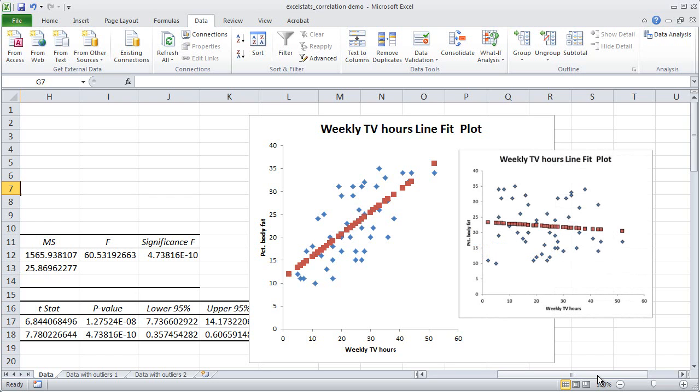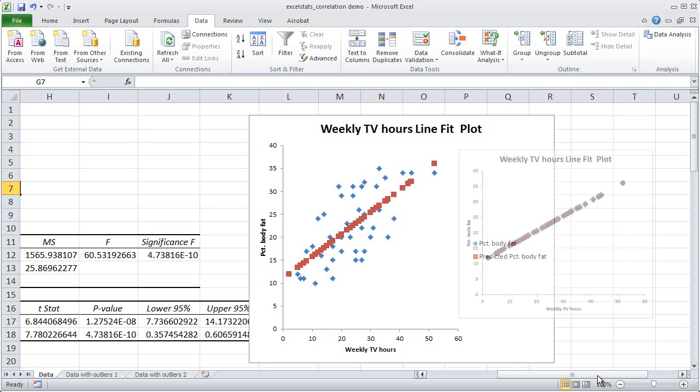Now, an R of 0 would indicate that the line is flat or very nearly flat, and that the blue dots are arrayed in kind of a random scattershot pattern around the red trend line. So you have very large residuals overall, and you have really no discernible relationship between weekly TV hours and percentage of body fat.